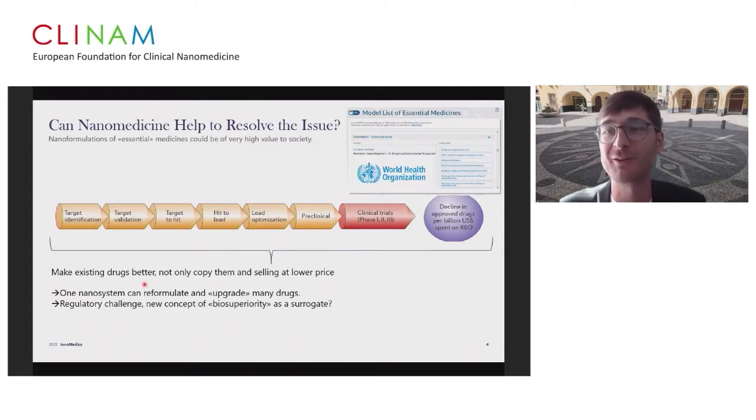I see Cristianne working on docetaxel, but the number of people who make efforts to actually make existing drugs better, and not only copying them and selling them at a lower price, such as generics, is not yet where it should be to resolve a lot of the burden that these drugs are causing, such as adverse effects that can be very well upgraded by the use of sophisticated nanosystems. And I think the beauty of it is something like the network effect, where you can upgrade many APIs using the same nanosystem.